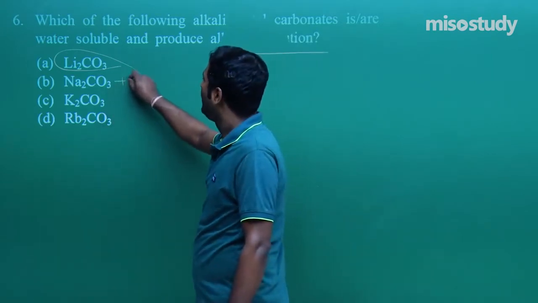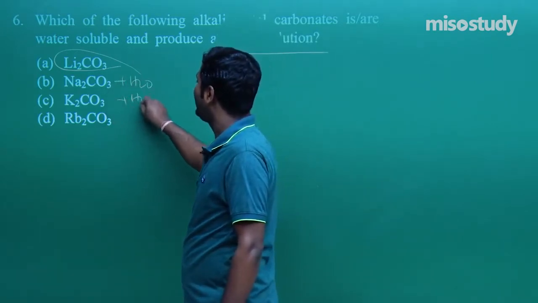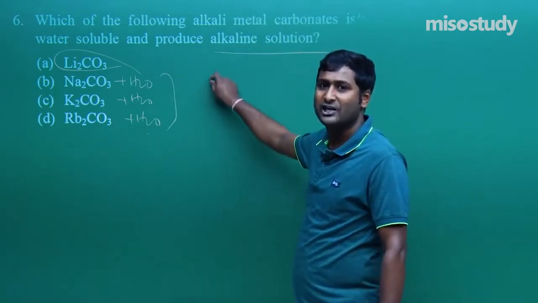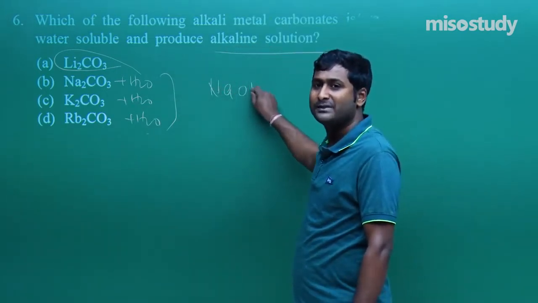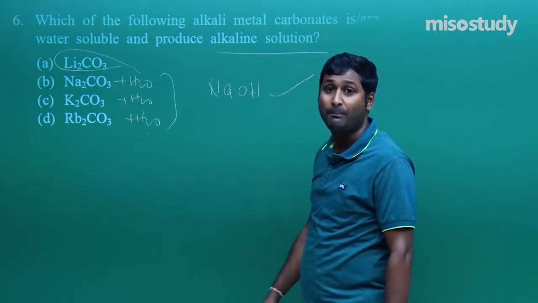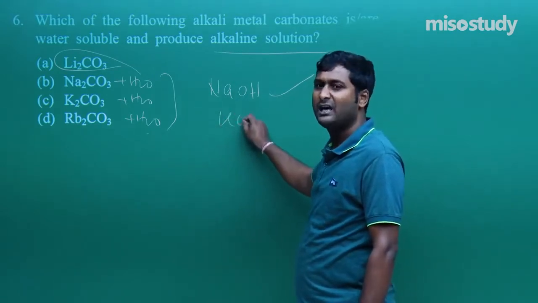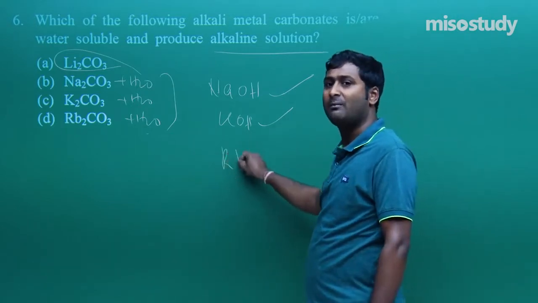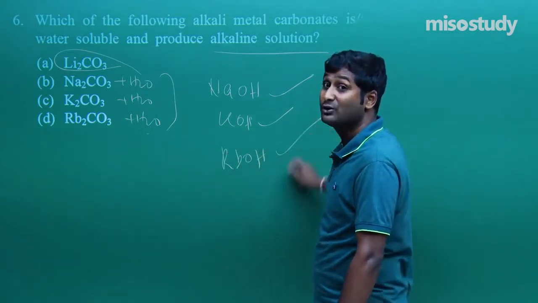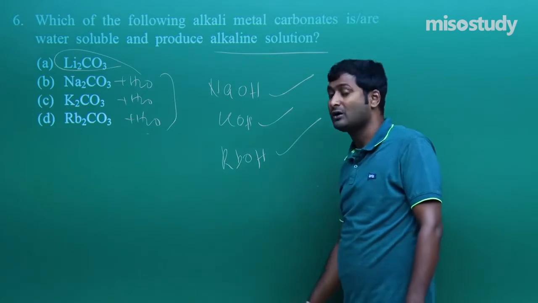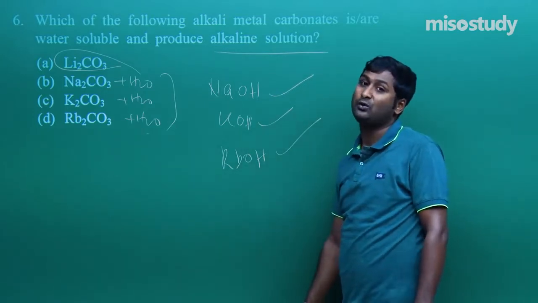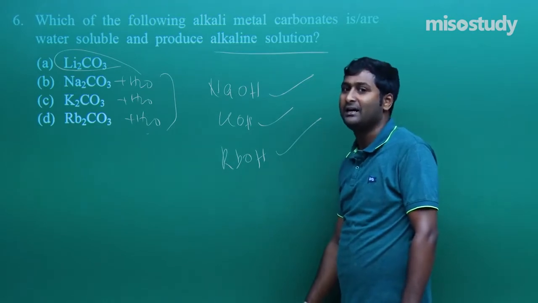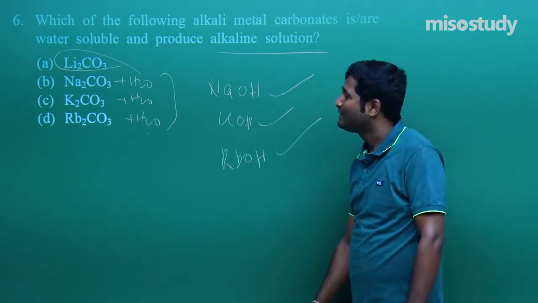As we know, when water is added, in each and every case it forms NaOH, a strong base. It will form KOH, also a strong base, and it will form RbOH, also a strong base. If there is a presence of strong base, we say, yes sir, this will be an alkaline solution.